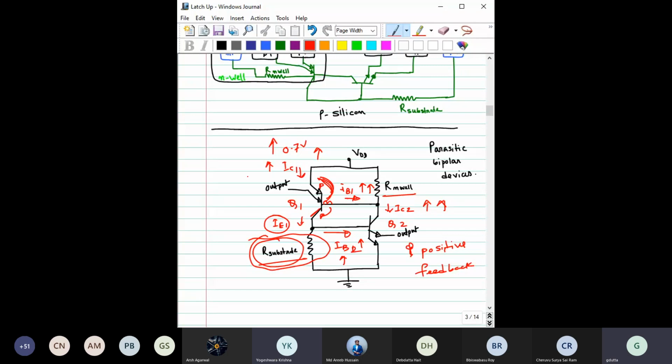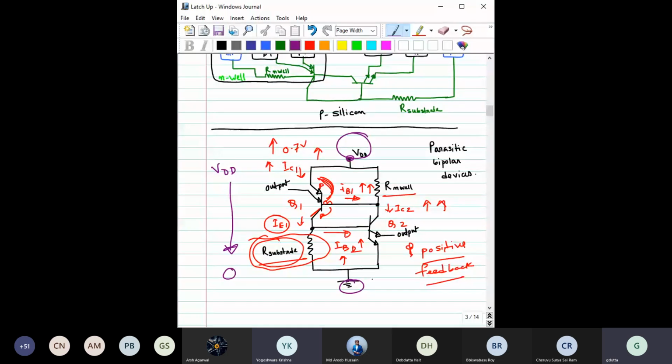so you understand that there is a positive feedback, and as a result of this positive feedback, what is going to happen? A huge amount of current will be flowing from VDD to ground. Do you agree? The current has to flow between this VDD and this ground only, right?